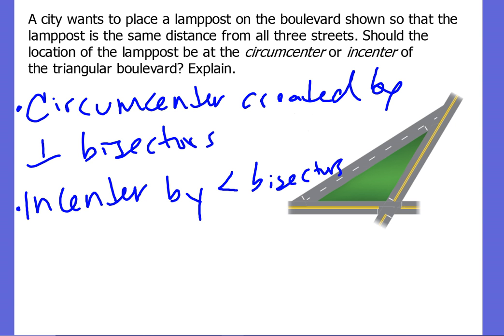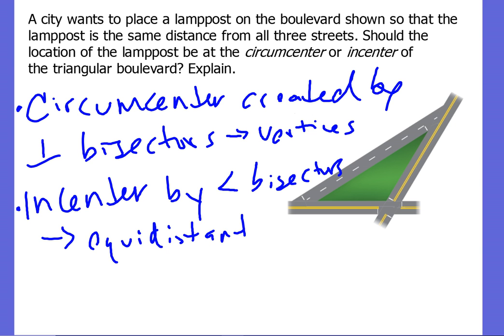Then we had characteristics of each of these. The circumcenter, if I remember correctly, was equidistant to the vertices. The incenter was equidistant to the sides of the triangle. So which represents the sides of the triangle?